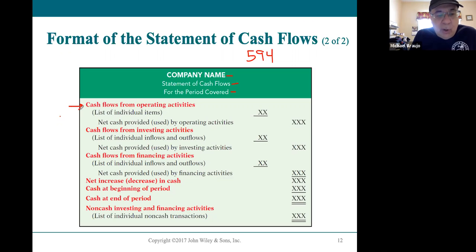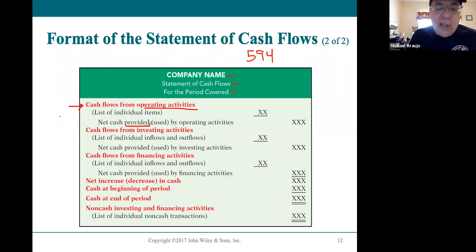And that's because it starts with the cash flow from operating activities. The operating activities are listed first, with all the items as we're going to go over in Objective 2. In many cases, this should be a number that shows that cash flow from operating activities is good.